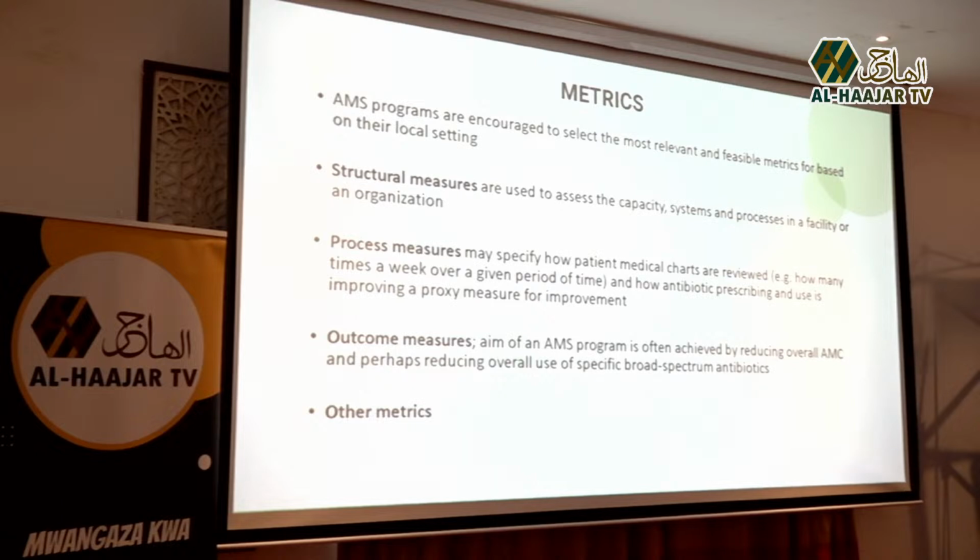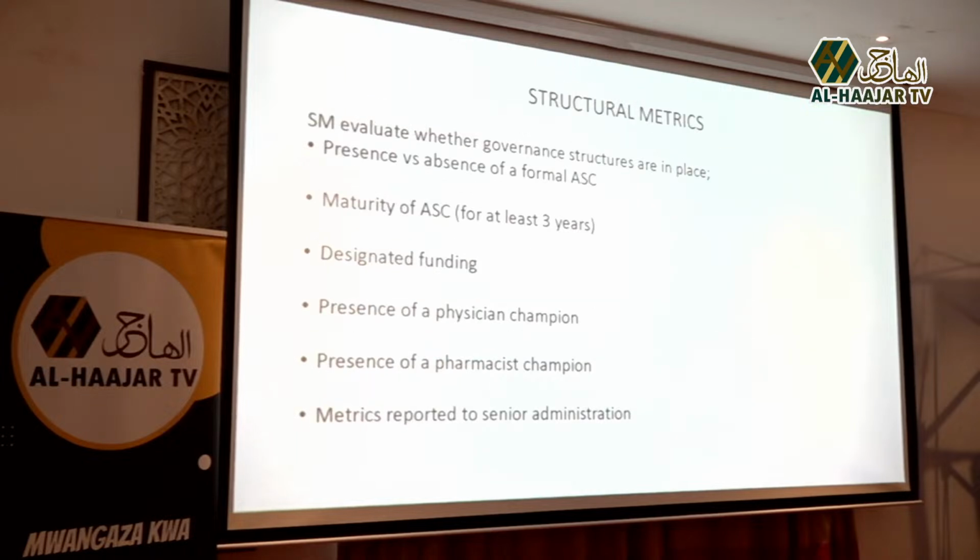With regards to structural measures, they are used to assess the capacity of the hospital, the systems which are available in place, whether you have the formal antimicrobial stewardship committee available, maturity of your antimicrobial stewardship committee, at least 3 years, whether the hospital has a designated budget for your committee, whether you have the right personnel to champion the activities of your ASC.